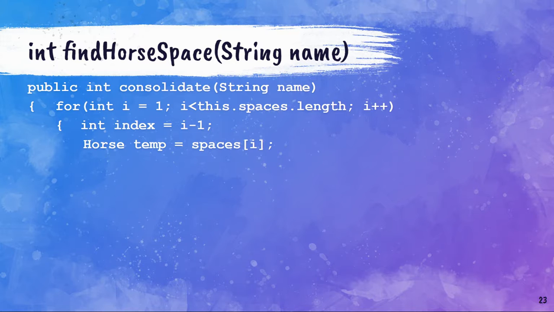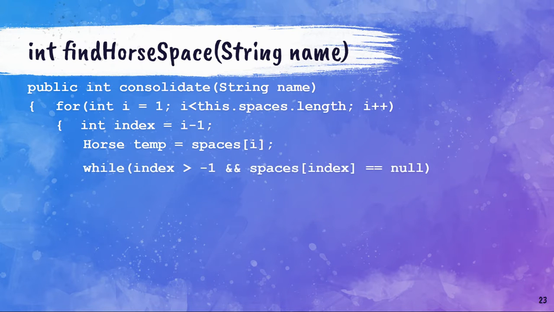I start at 1, go to spaces.length, incrementing I by 1, and then I'm going to have this index. That's my temp variable. That's going to be I -1, and I know that I'm not off the array because I'm starting at 1, not 0, so I'm okay there. I'm going to store the contents of spaces at I, so that's what was there.